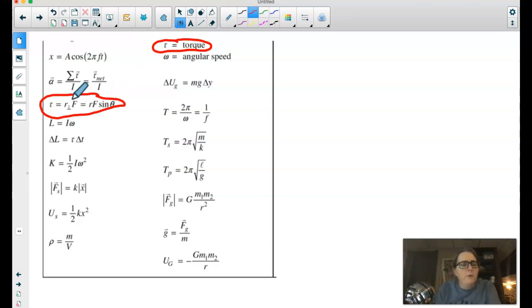Now, when we have that product of the distance times the force, that is defined as the torque. And we'll talk a little bit more about that in a moment.